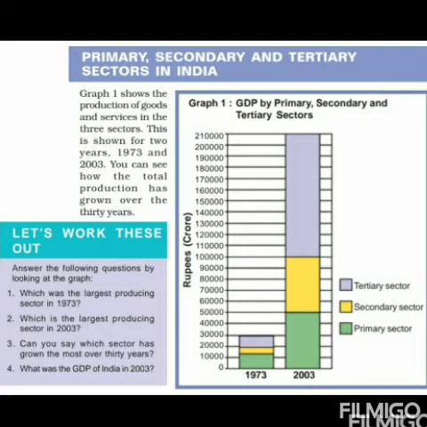The secondary sector gives 12% and 48% is contributed by the tertiary sector. If we talk about employment, 74% is employed in primary and only 15% in the tertiary sector. Whereas in 2013-14, 67% is contributed by the tertiary sector and the primary sector reduces to 12%. This gives us a clear idea of the shift.